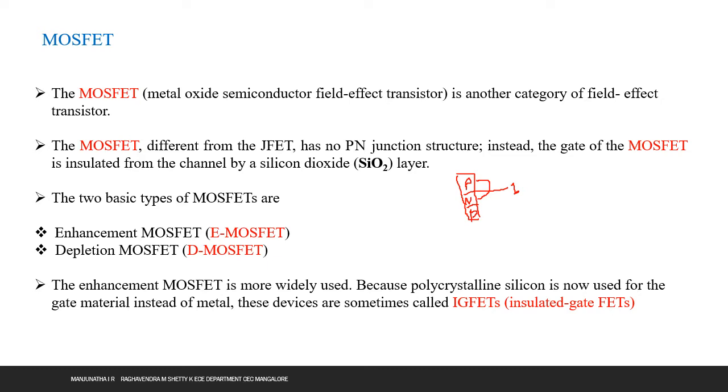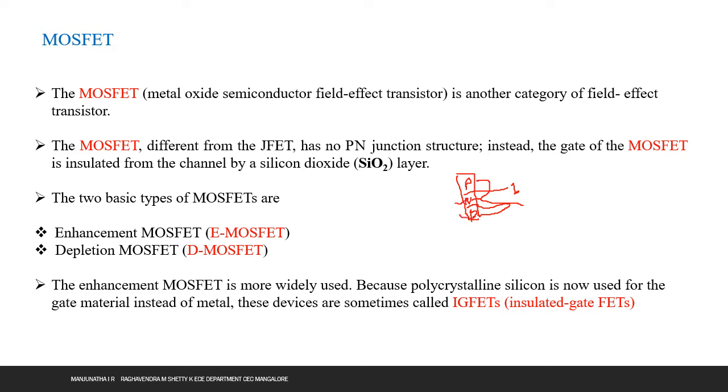Again, we can observe one more junction between the N and P. So we can observe the second junction between this N and this P type.